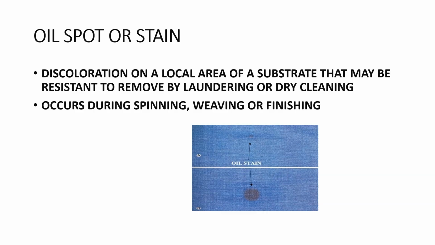Precautions in the sense that when we are producing the yarn, we have to produce it carefully, and in weaving, when you are producing the fabric, we have to be extra cautious that oil should not come and sit on the fabric and deteriorate its appearance in the form of a spot or stain.